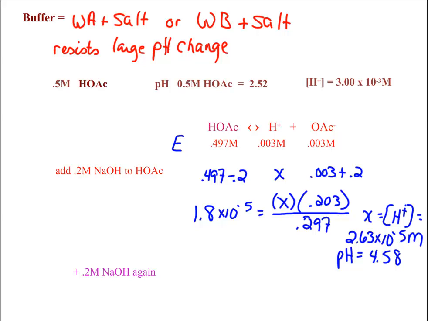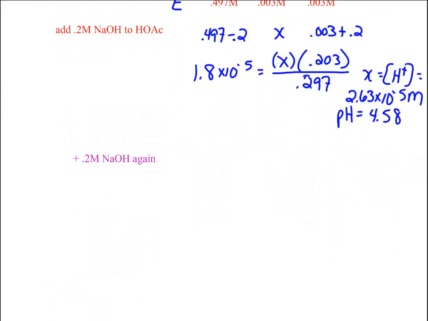It's two pH numbers. Now I want to do the same thing. I want to add another 0.2 molar sodium hydroxide to my solution that I've already made. And so now I'm going to start with a concentration of 0.297 molar acetic acid and roughly 0 molar hydrogen ion and 0.203 molar of acetate ion, so that's roughly initial concentration.